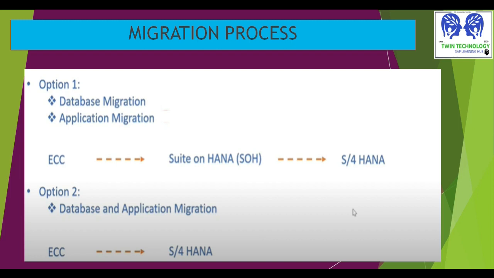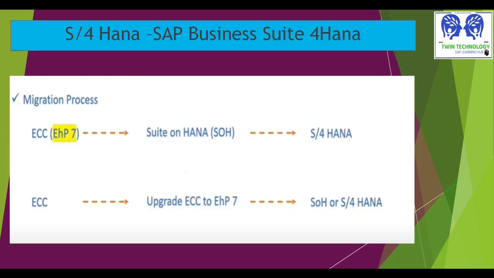That means, sorry, here the screen does not change anything, only data are stored in the new database migration process. Okay, so generally EHP 7 first we go with SAP HANA. That means the old version will be migrated to the new HANA, that is S4H, then upgraded to S4 HANA.